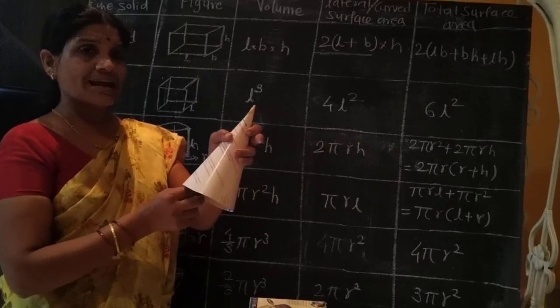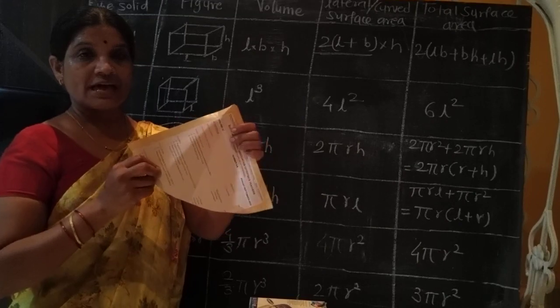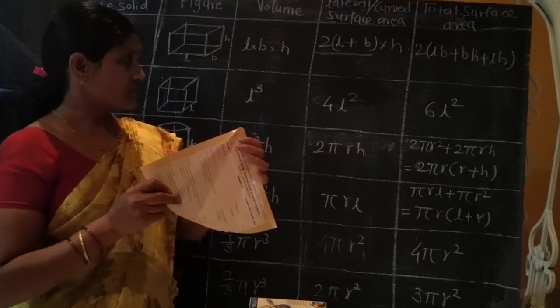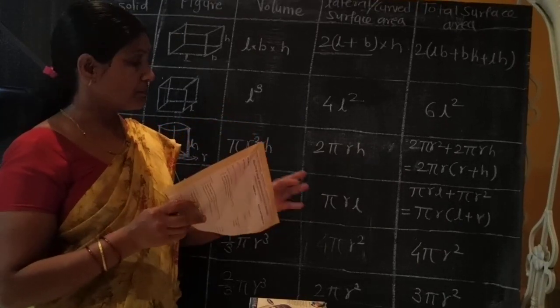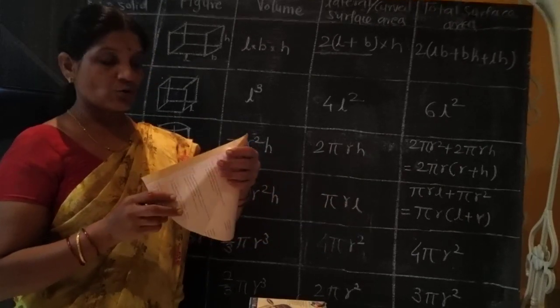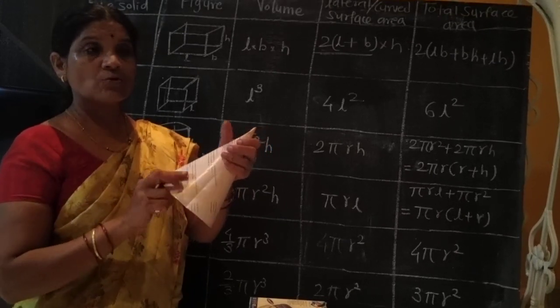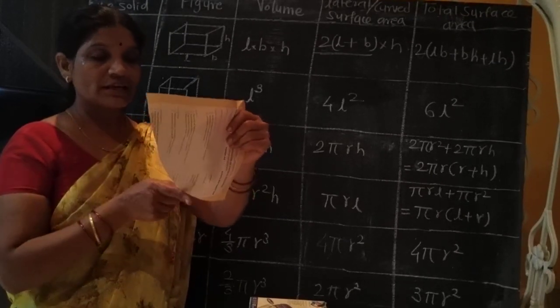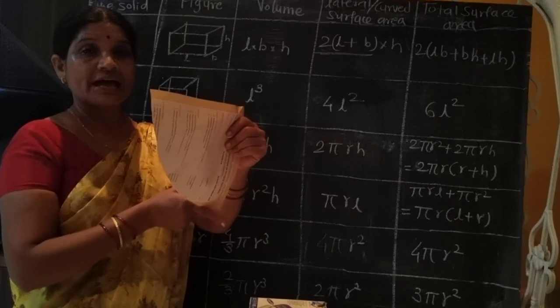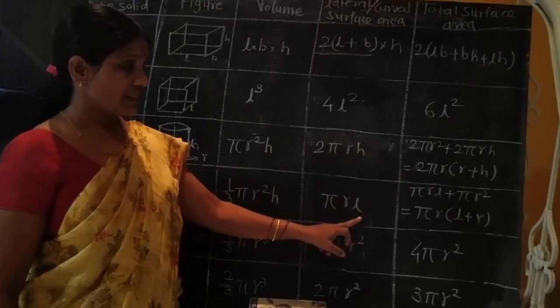If we cut that cone, we obtain a sector, and its curved surface area is pi r into L. Total circumference is 2 pi r. Out of that we consider only half of the r, and that's why we obtain pi r L.